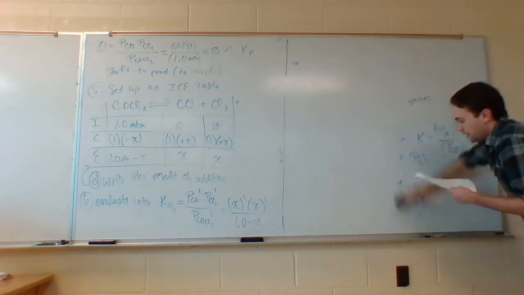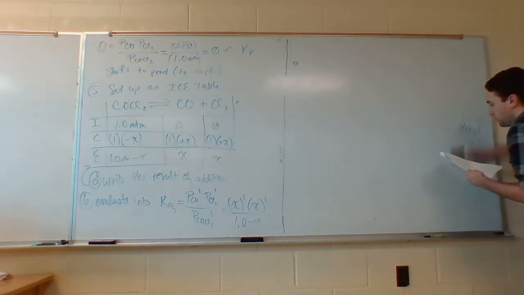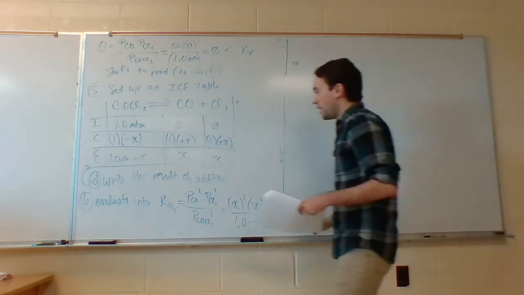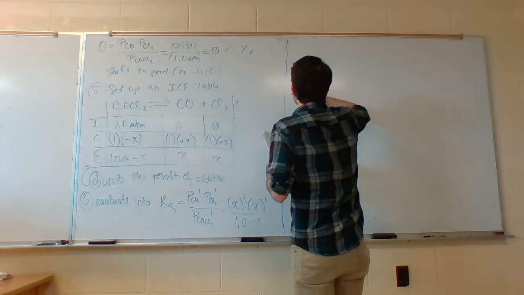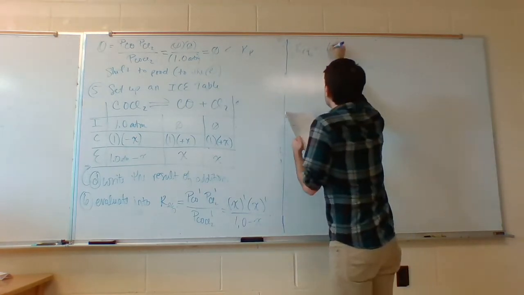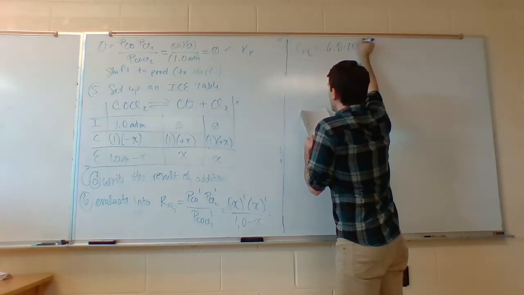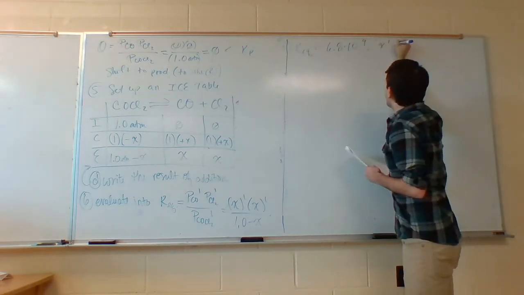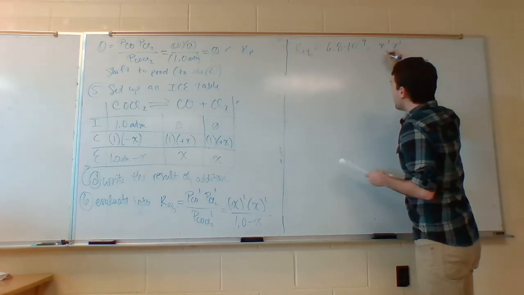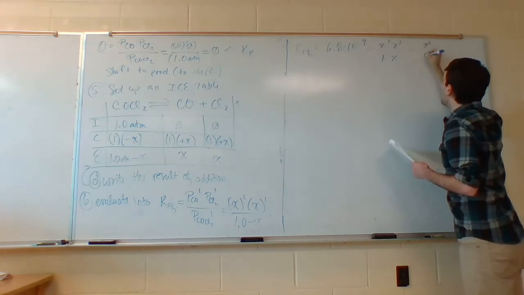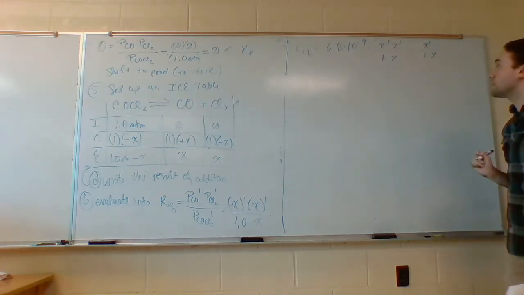So I'm then going to solve for x, okay? Because we know that our KEQ from the problem statement was equal to 6.8 times 10 to the negative 9. That means that's equal to x to the first, all over 1 minus x, which is equal to x squared over 1 minus x. All right?